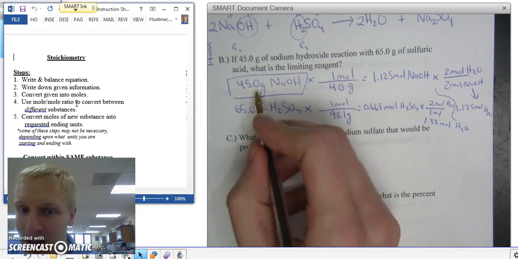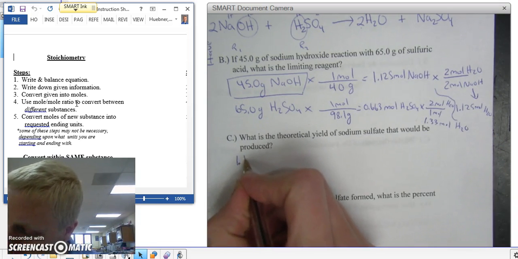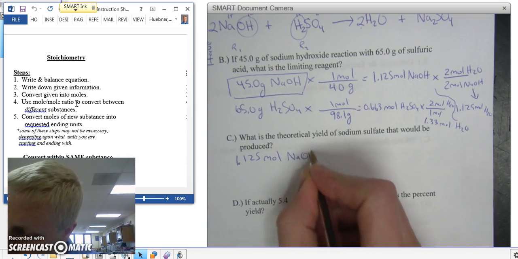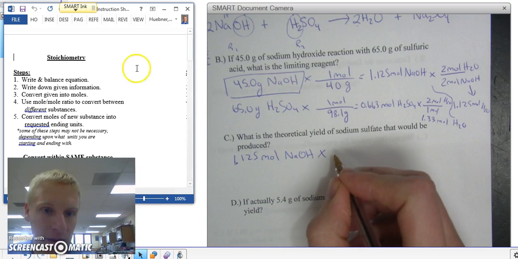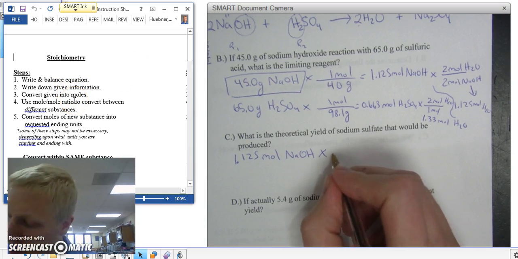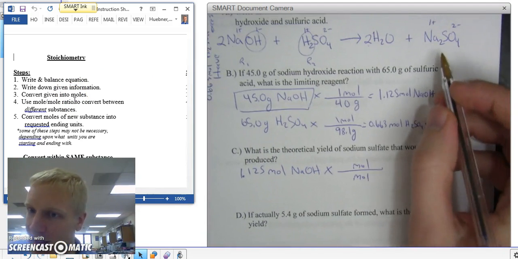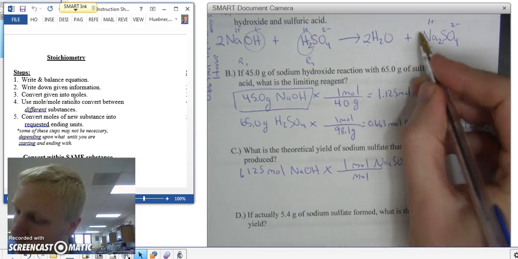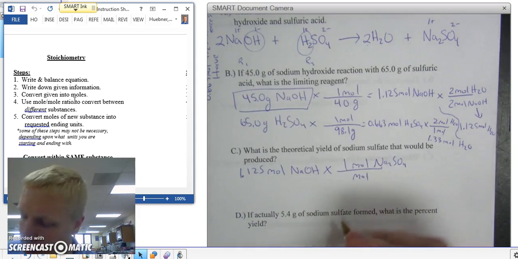We start with our limiting reactant. Convert it to moles. We did that already. It's 1.125 moles of NaOH. Step 4, which is mole-mole ratio. And we want to find sodium sulfate. So Na2SO4, and there's just 1. And we're getting rid of NaOH, and there's 2 of those.